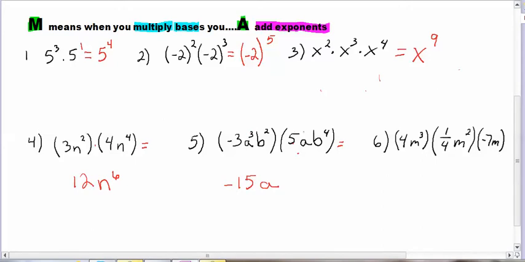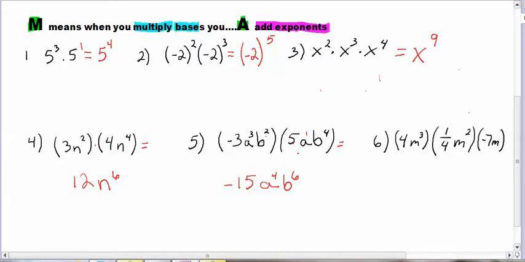So I have 3, and what do we have over here? An invisible 1. So 3 plus 1 is 4. So it's A to the 4th power. But then I also have another variable, a B. That's another base. So now I have the same base, B and B, and I'm going to add the exponents. 2 plus 4 is 6. So I have negative 15a to the fourth b to the sixth.